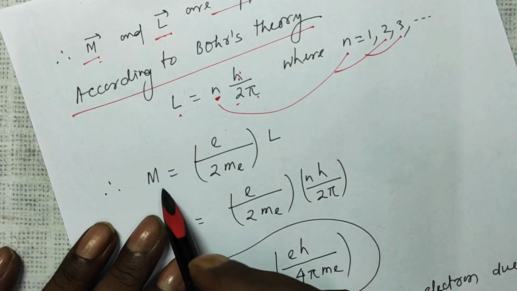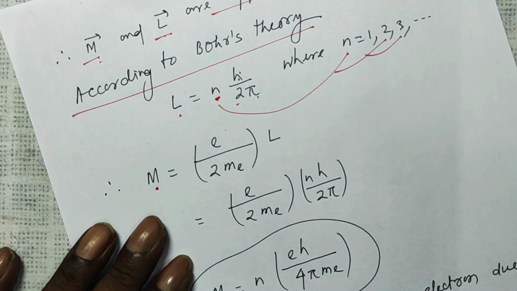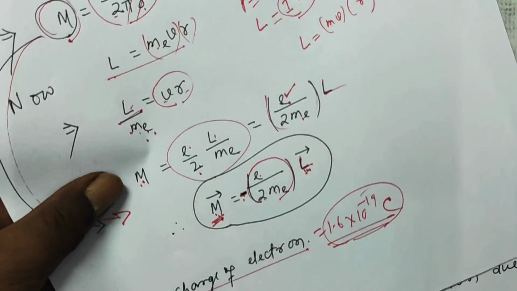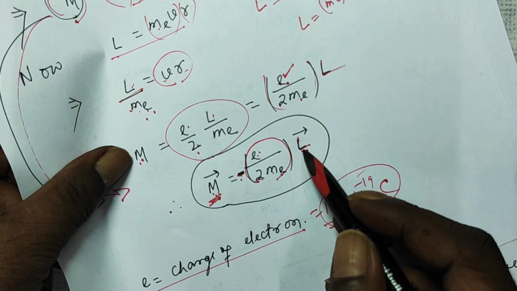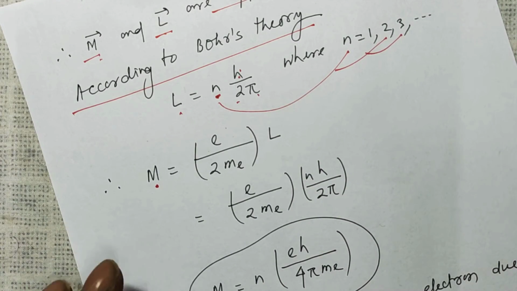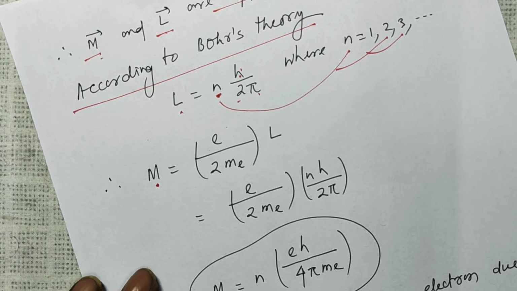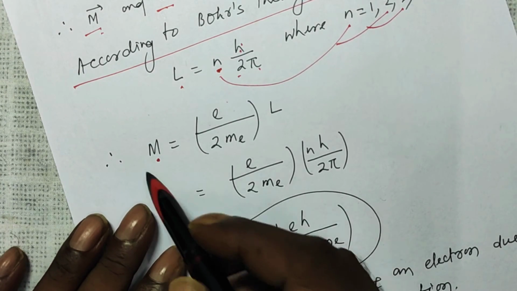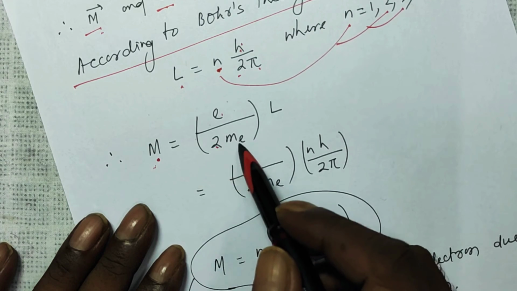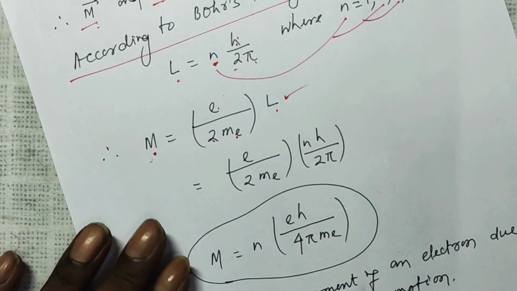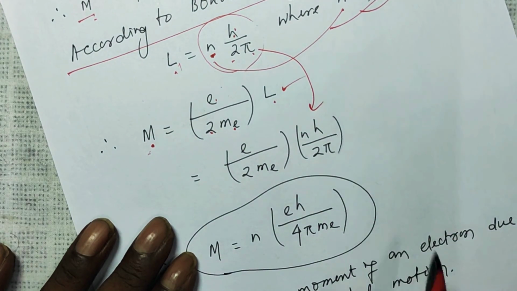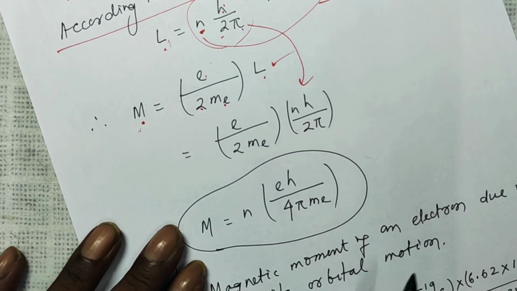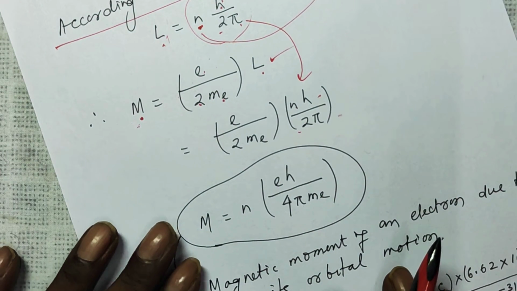So, your M, which I just derived as e over 2 times mass of the electron times the angular momentum. The negative sign only indicates the direction, but the magnitude of M is equal to e over 2 times mass of the electron into L. And for L, I can substitute this Bohr's quantization, so nh over 2 pi.